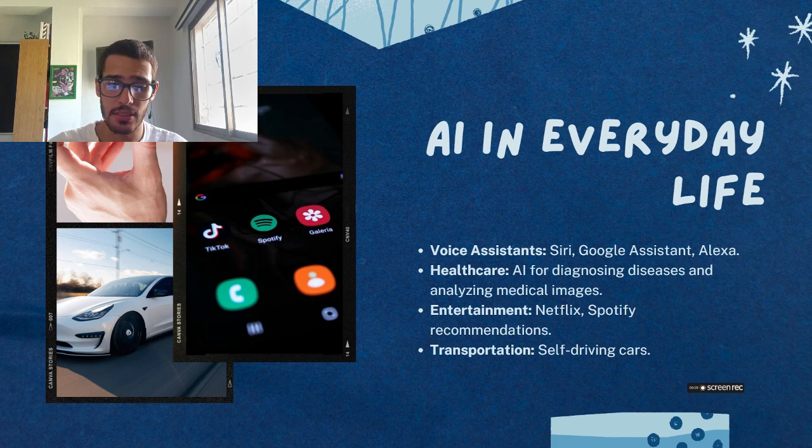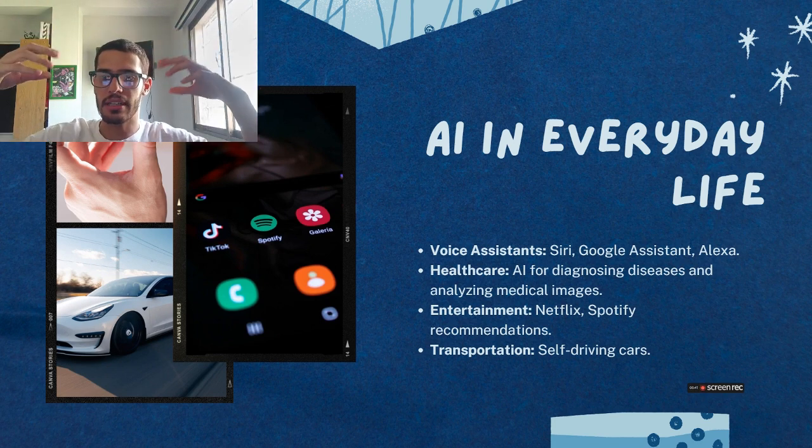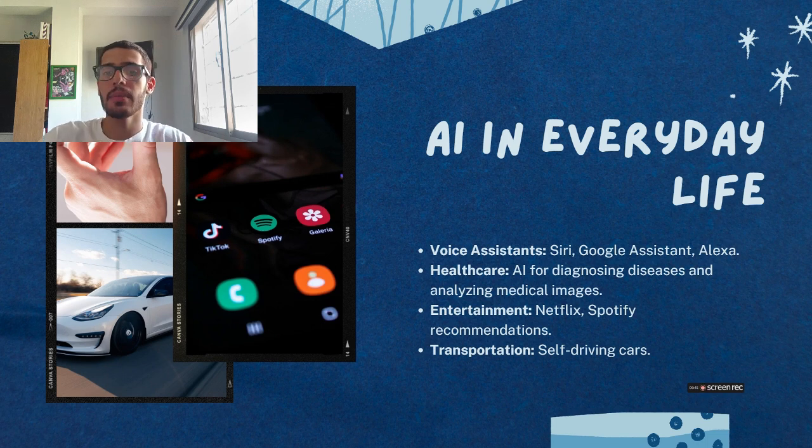In healthcare, AI is very used, from Apple Watches that monitor your heartbeat, to hospitals that use complex systems to diagnose diseases and analyze medical images. In entertainment, it's used in platforms like Spotify, Netflix, YouTube, and Instagram to give you recommendations based on what you like. And in transportation, we can say it again, in Tesla self-driving cars.